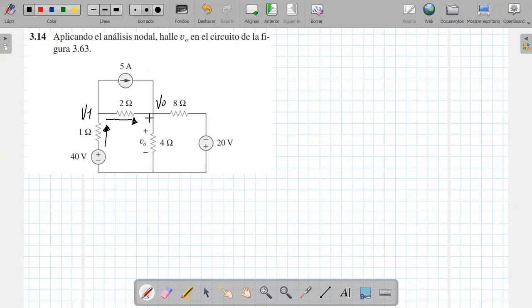When it gets here we see that the current is 5 amperes, and the current that comes from here reaches this point, because it has to take a direction. The first direction that comes to mind is downwards, for 2 reasons. One, because at this point the voltage is my reference, it could be my zero voltage.